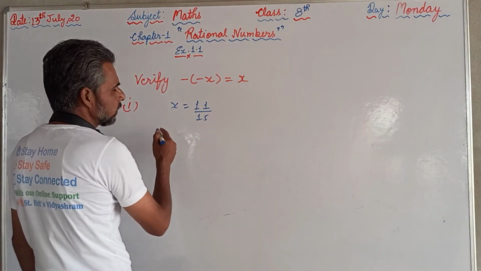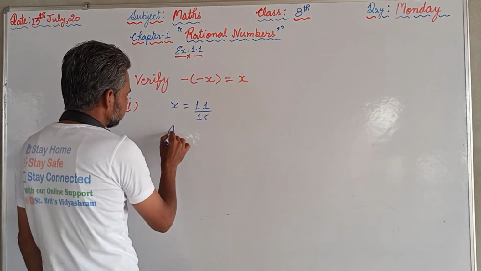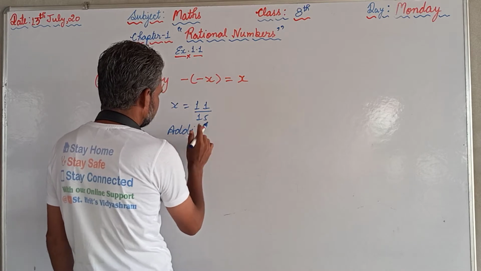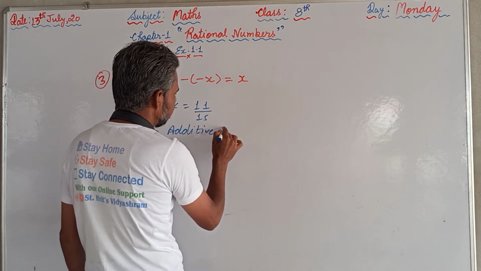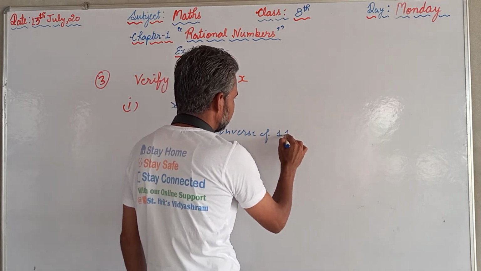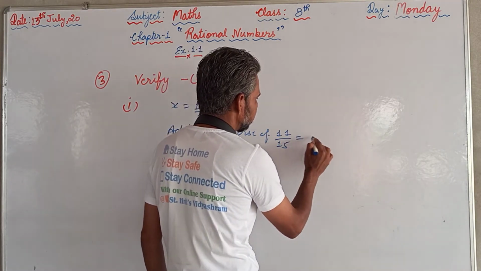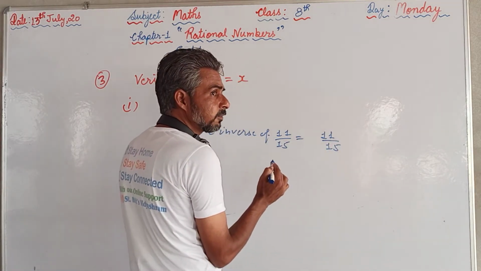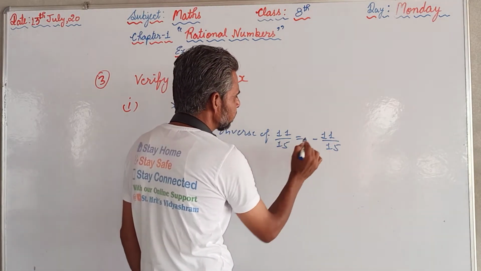So first of all, we will find out the additive inverse. Additive inverse of 11 upon 15 will be 11 upon 15 in magnitude, but the sign will be different. This is positive, this will become negative.